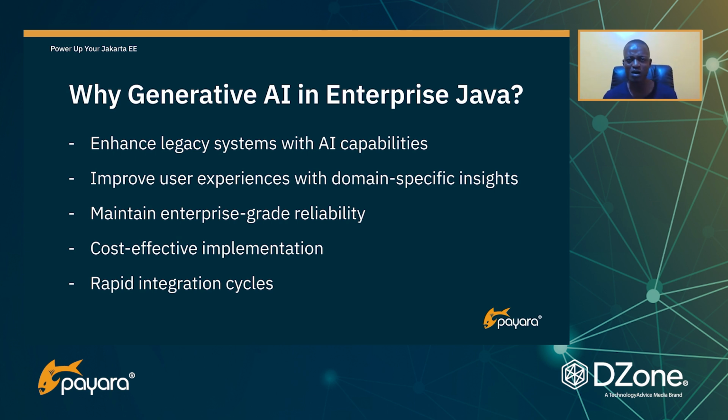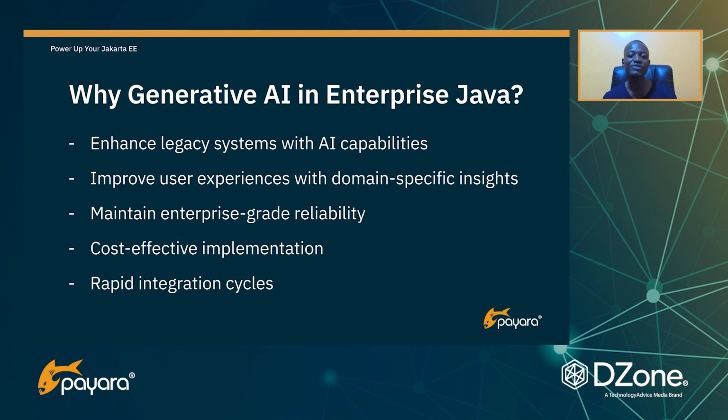A lot of them, quite a significant number of them, are very old. You can consider them as legacy systems. You'd also want to adopt AI in your enterprise Java application to improve user experiences with domain-specific insight. In fact, one of the powerful things about AI is the ability to assimilate your domain-specific knowledge and then present it to the users in a conversational manner.